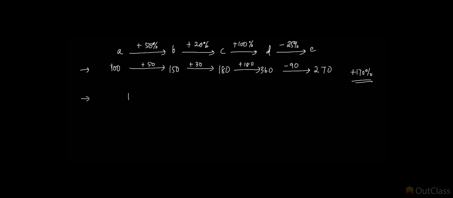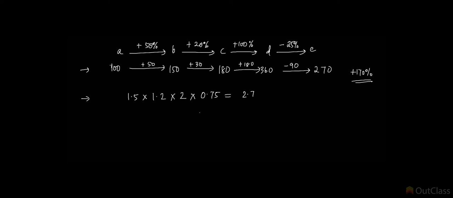B is 150% of A, C is 120% of B, D is 200% of C, and E is 75% of D. You just multiply all of this and you will get 2.7.